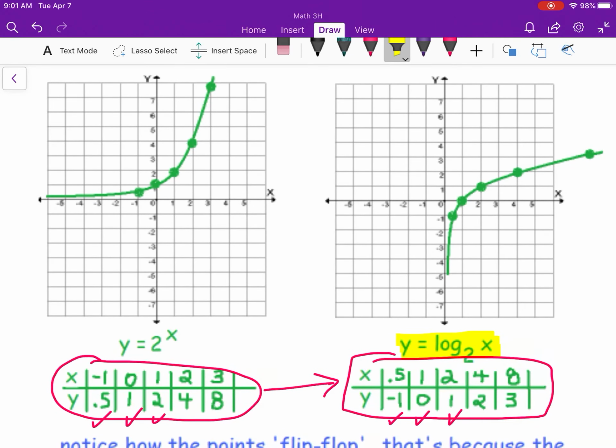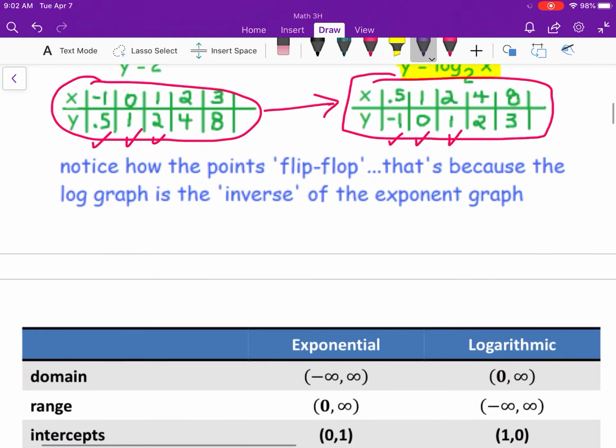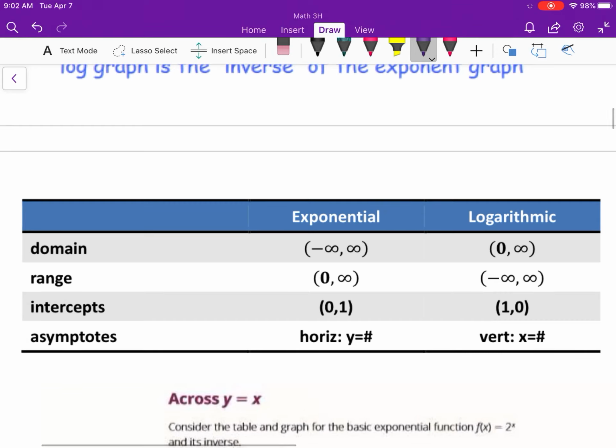Negative infinity to infinity, here's your negative infinity, here's your positive. But here, notice the leftmost side is 0, and then it goes out to infinity. And then in terms of your range, notice how they're the opposites. Well, they should be, they're inverses.